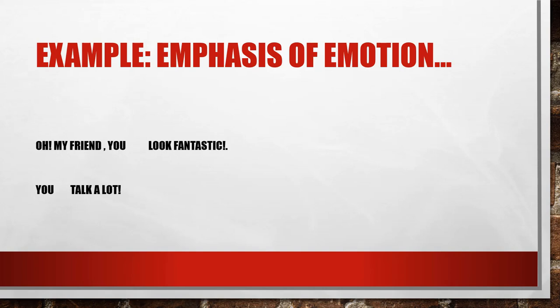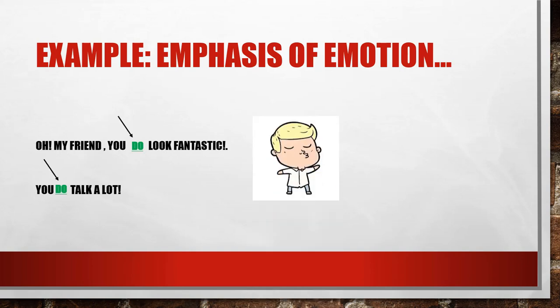But if you want to give more emphasis to the things that you are telling, you have to add do. So, "Oh my friends, you do look fantastic." You give more emphasis. Or the other one, "You do talk a lot." We add the do in the first sentence and the do in the second sentence.